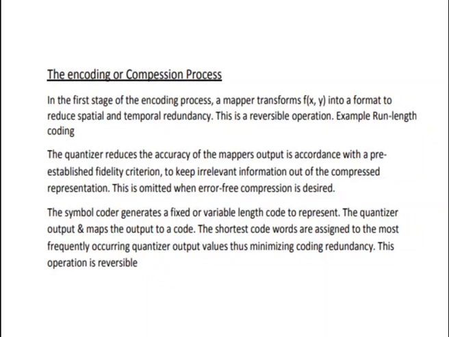The next block is the decoder, or decompression process. A decoder, as shown in the figure, contains only two components, the symbol decoder and the inverse mapper. They perform, in reverse order, the inverse operations of the encoder's symbol coder and mapper.